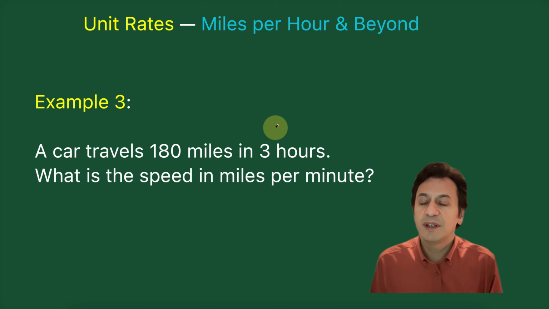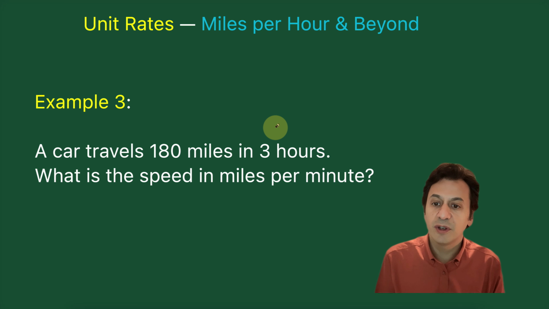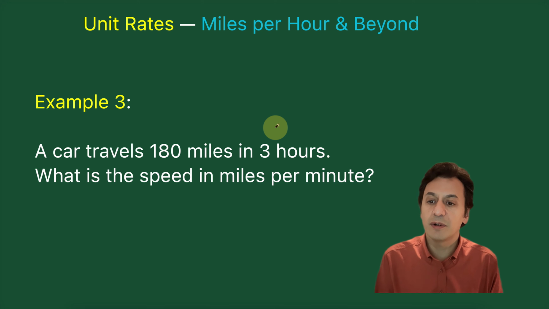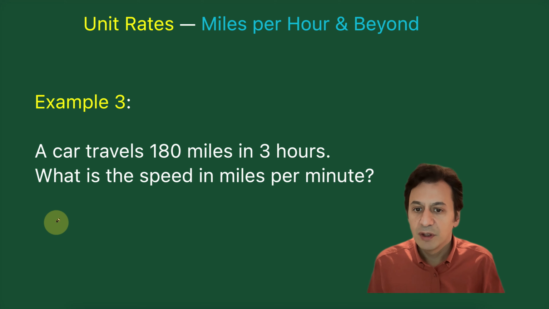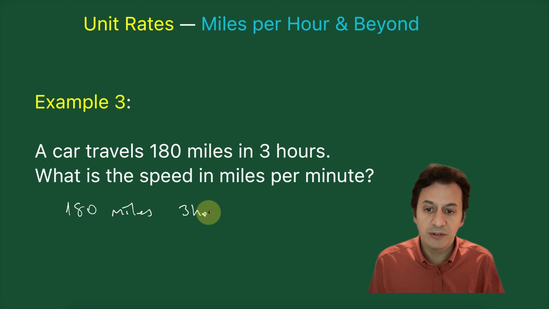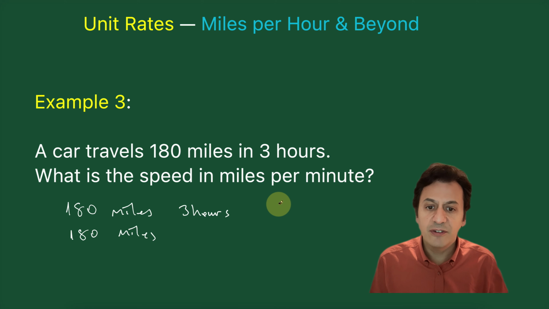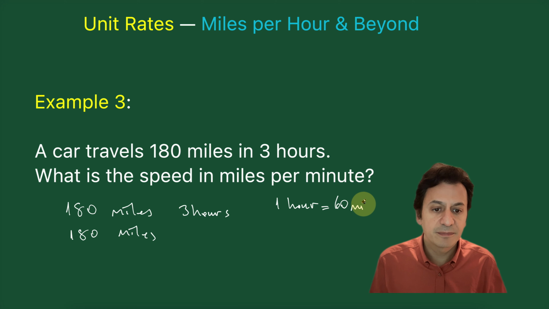Okay, now you have to be careful with the units. In this case, a car travels 180 miles in 3 hours. What's the speed in miles per minute? Okay, so if it travels 180 miles in 3 hours, then it means it travels 180 miles in, since 1 hour is 60 minutes.